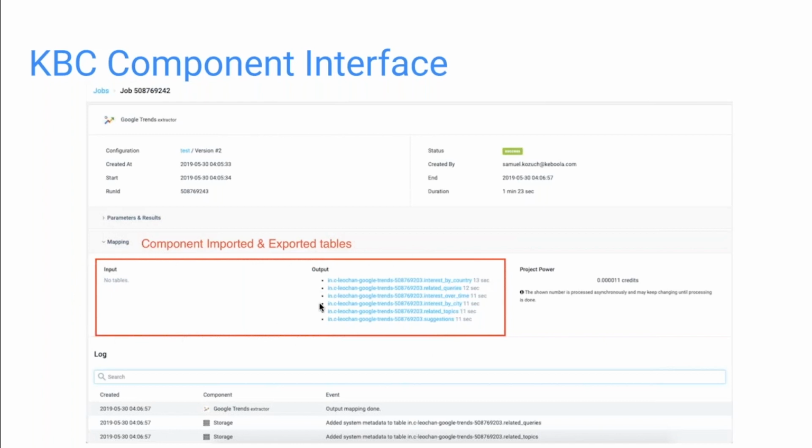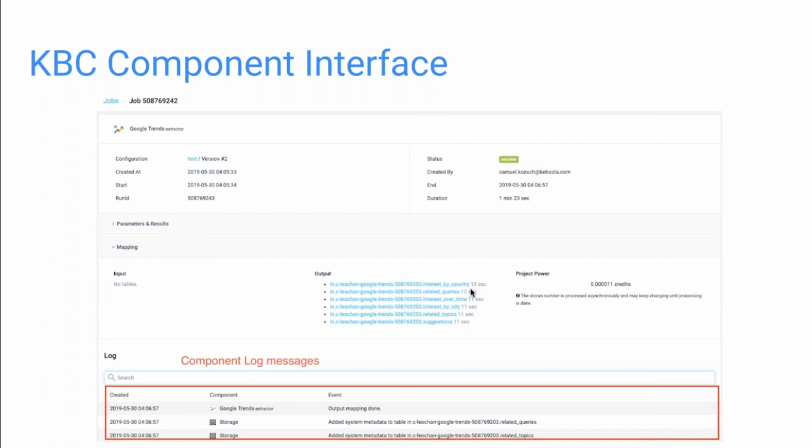Output means these are the tables that the component outputted. Component log messages contain a list of functions or logs that the component executed. It started from storage, a Keboola job that imports tables into this component, through to outputting mapping done. So it did something with a mapping and then output the table here.